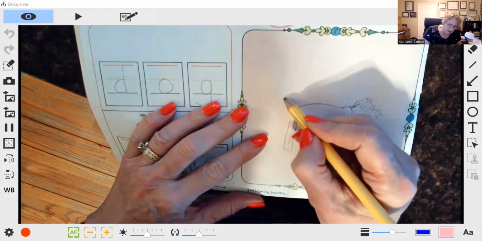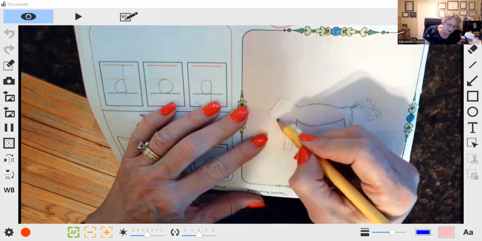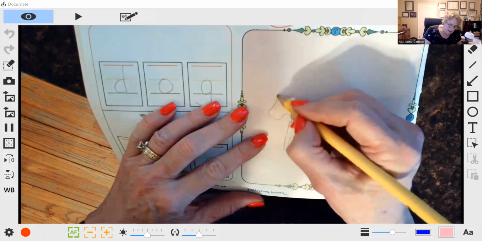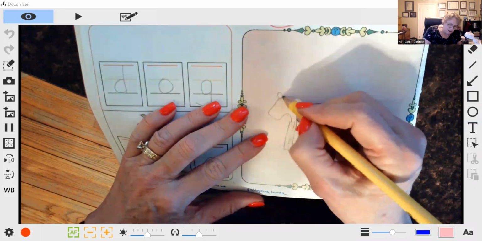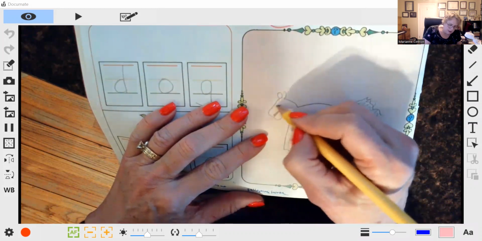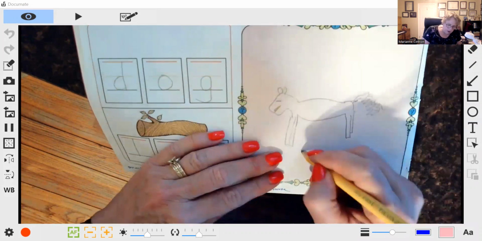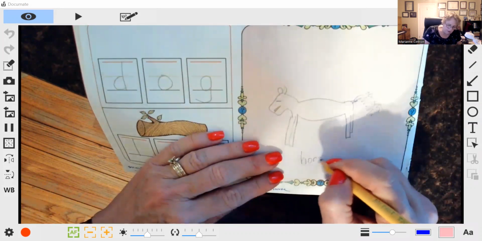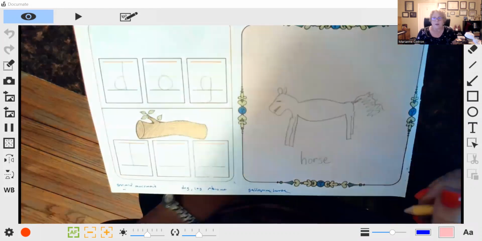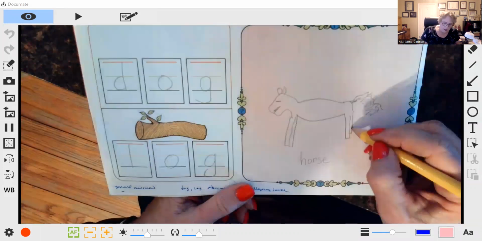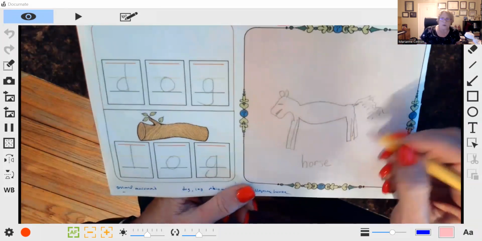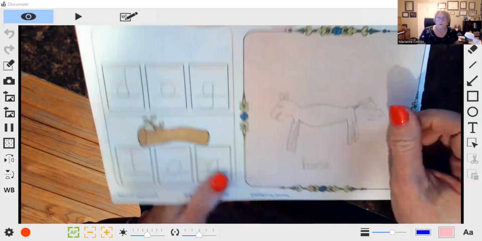And here's his head. And he has little ears. That's actually my horse. Okay. So how does the horse go? Clup, clup, clup, clup. Okay.